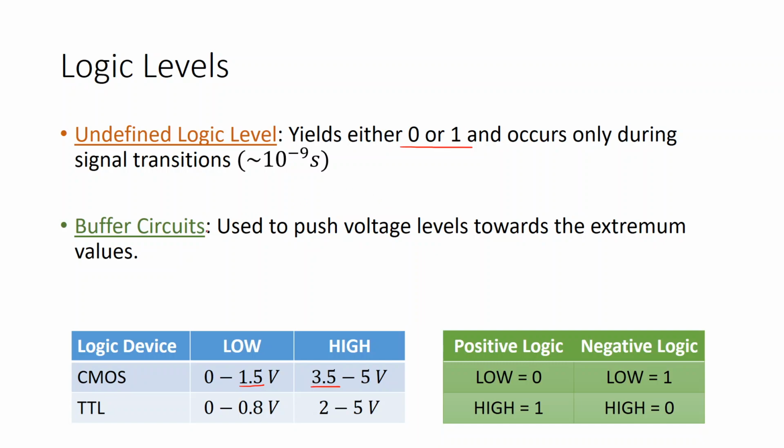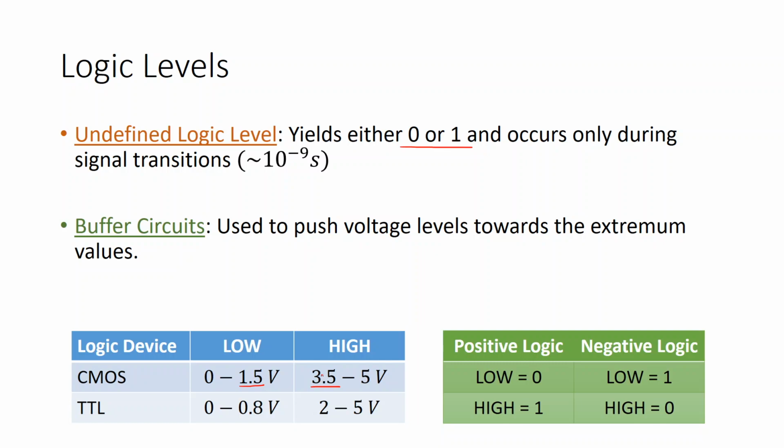What are buffer circuits? Suppose in an operation I am nearby 3.5, say at 3.6 or 3.7.